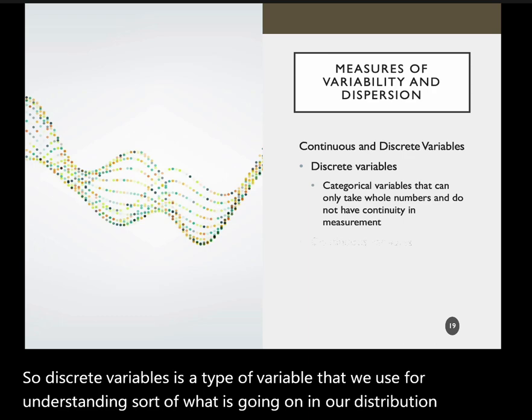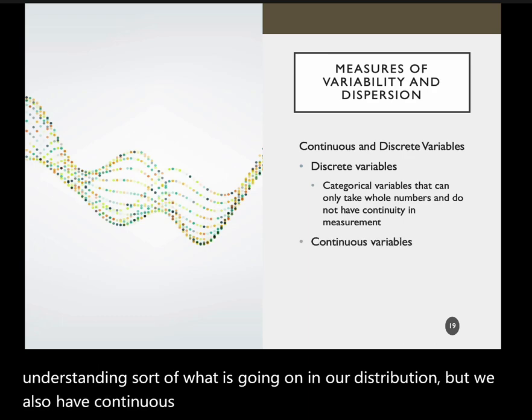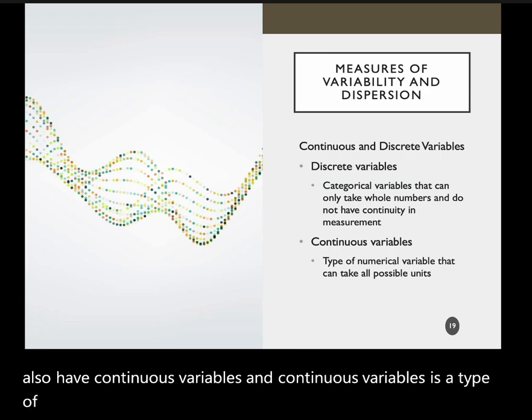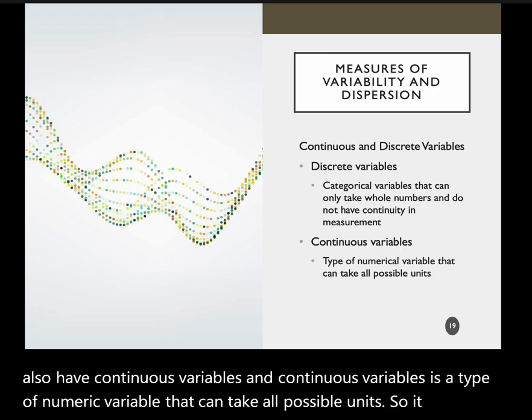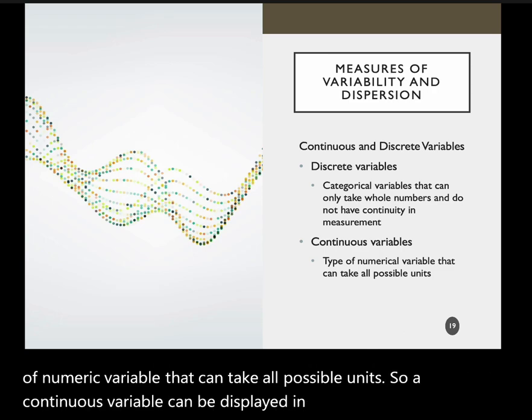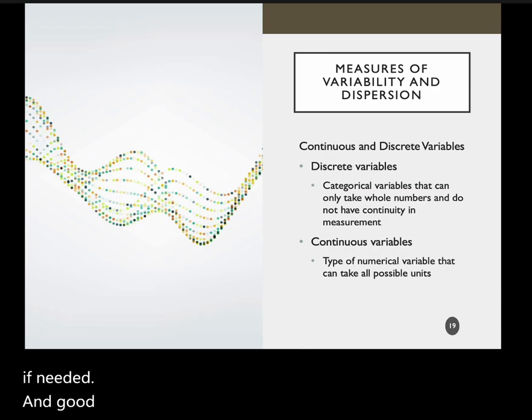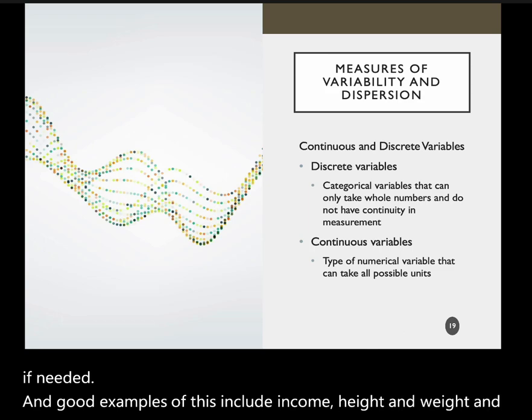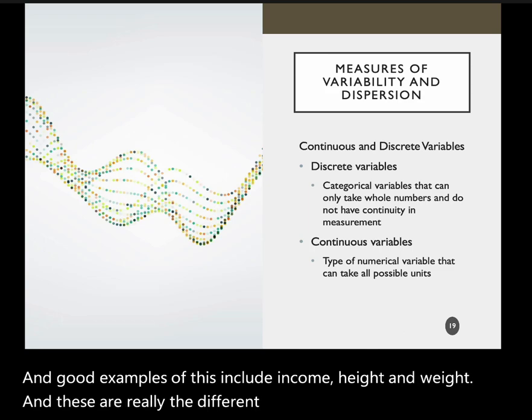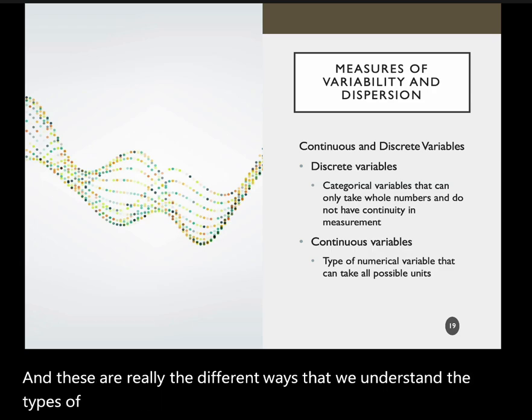But we also have continuous variables, a type of numeric variable that can take all possible units. A continuous variable can be displayed in decimal points or fractions if needed. Good examples of this include income, height, and weight.